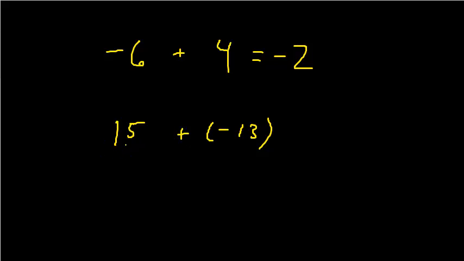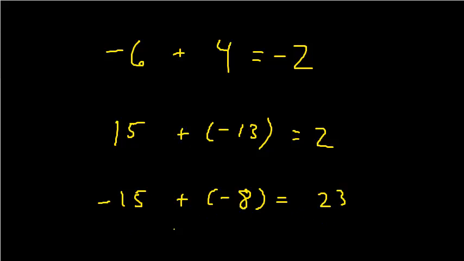Larger absolute value is 15, so 15 minus 13 gives me 2, and that larger absolute value was positive, so my answer is positive. If I have -15 plus a -8, okay, here they both have the same sign, so I'm just adding those two numbers together, 15 plus 8, which gives me 23, and they're both negative numbers, so that's negative for my answer.